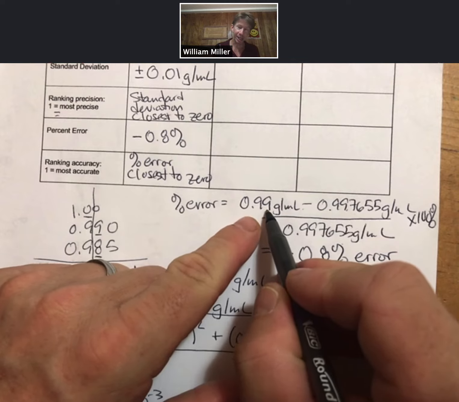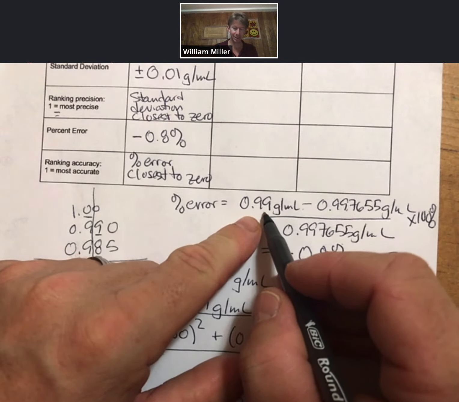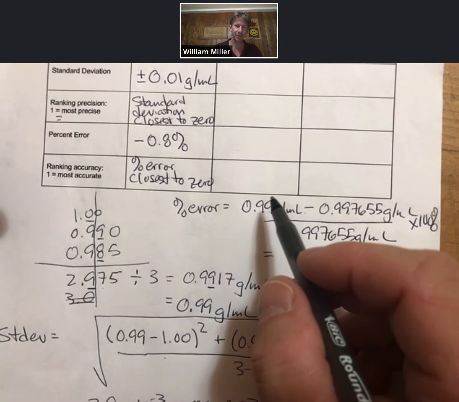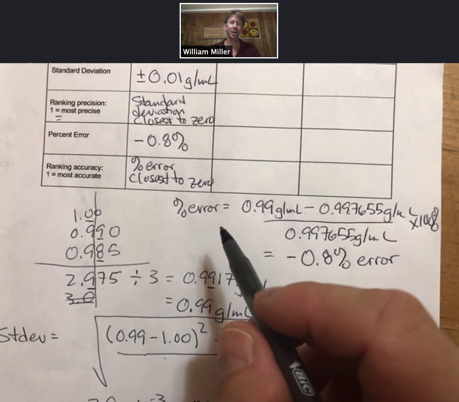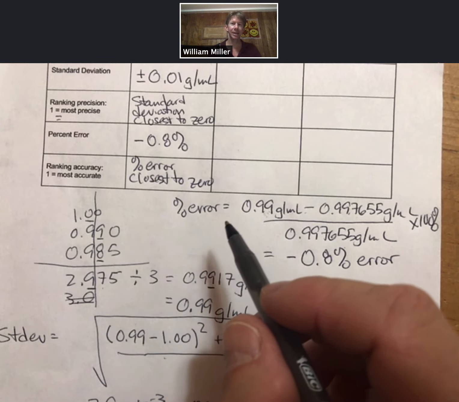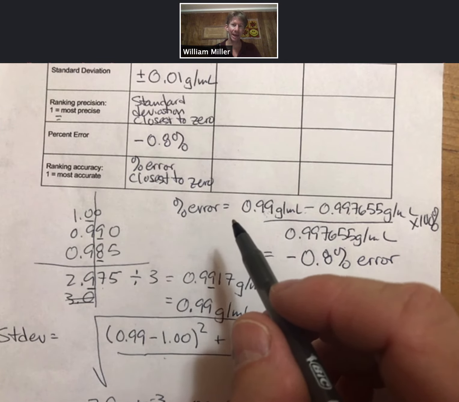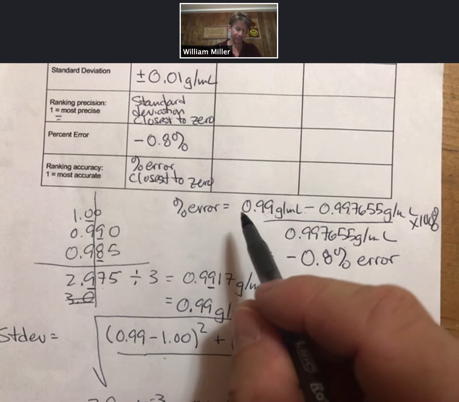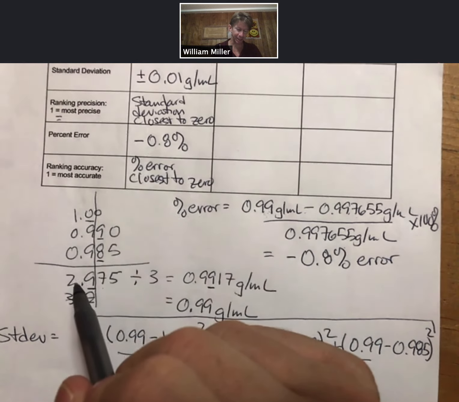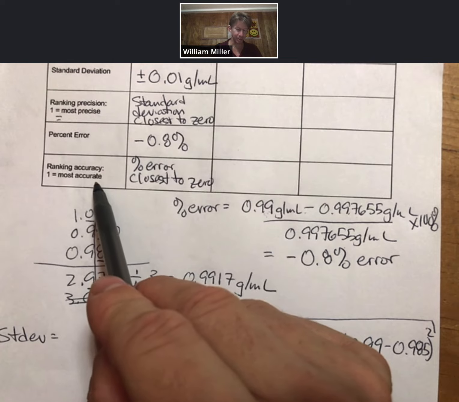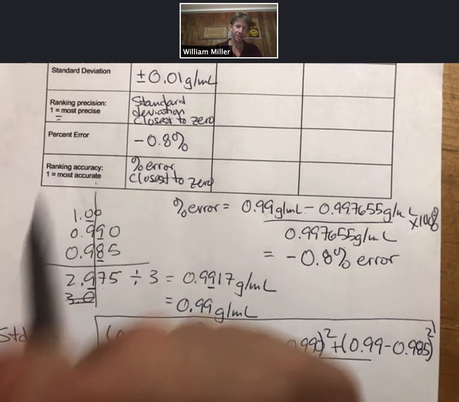That led us to a negative percent error, which means that our experiment was lower than the correct value. You would get a positive error if your value was higher than the correct value. And in this course, signs matter, and we will always keep them. So this is a negative 0.8% error. And once you do all three of them, you can establish which is the most accurate, which is the most precise.